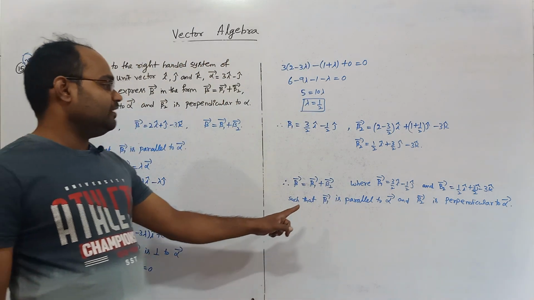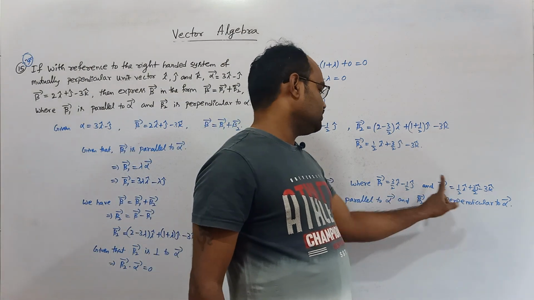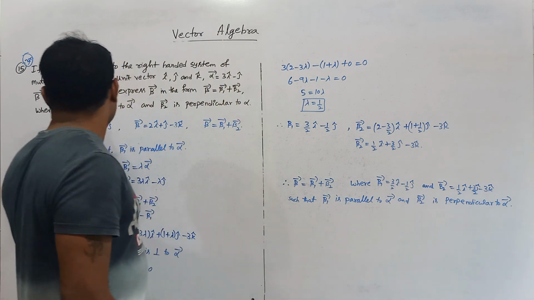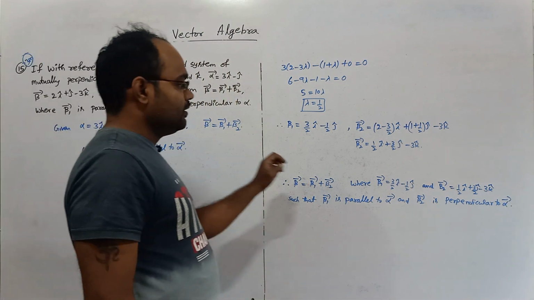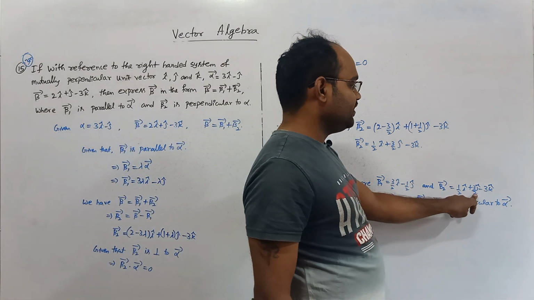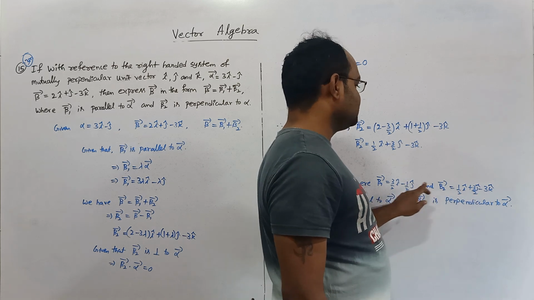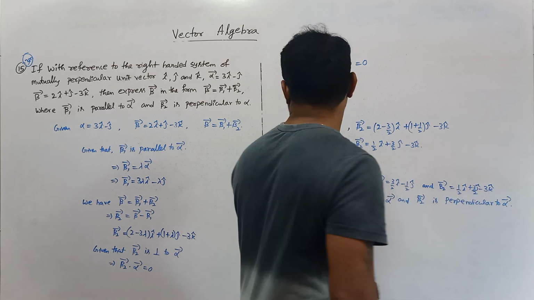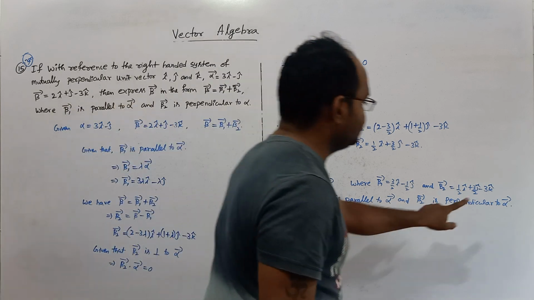Right, now add and see: 3 by 2 plus 1 by 2 is 4 by 2, it is 2i. Vector beta comes as 2i, minus half plus 3 by 2, that is minus 1 plus 3 by 2, gives plus j hat, minus 3 k hat.